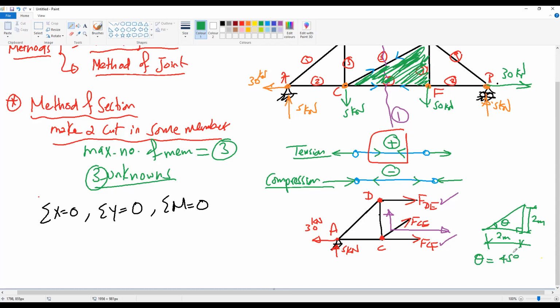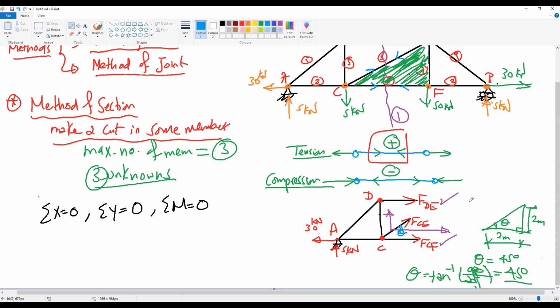How can we find this angle if we don't know? Okay, theta will be equal to tan inverse of the opposite divided by the adjacent, given to us that the angle is 45.